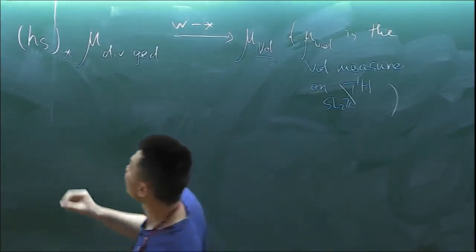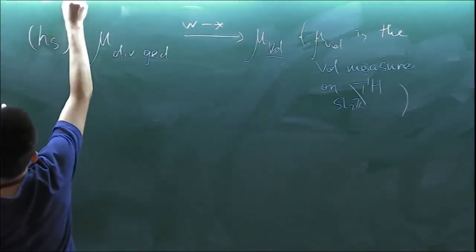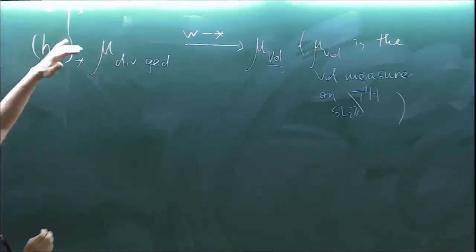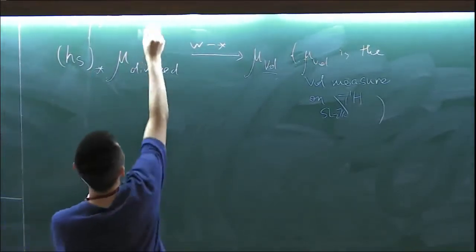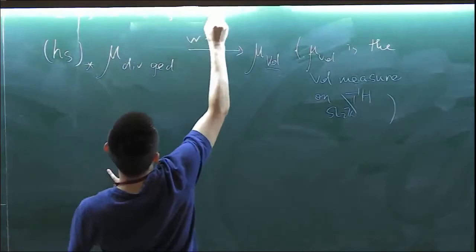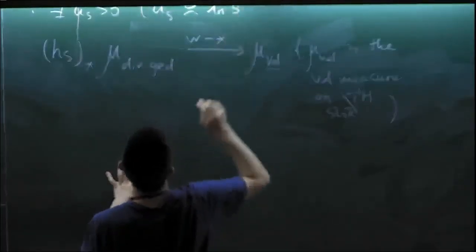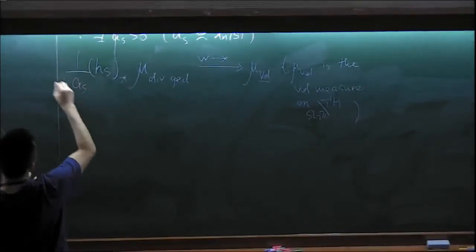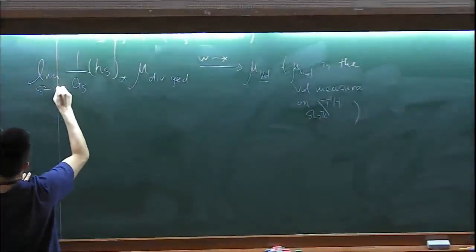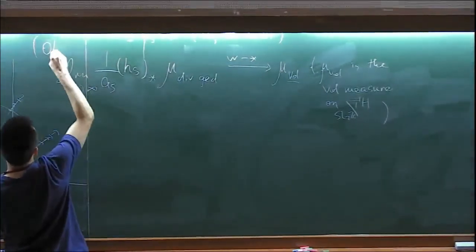So what you should do is that there exist AS, some positive numbers, which can be made explicit. So this is at the order of natural log of S. So now the statement is this. So this is the work of Hill and Zhang.